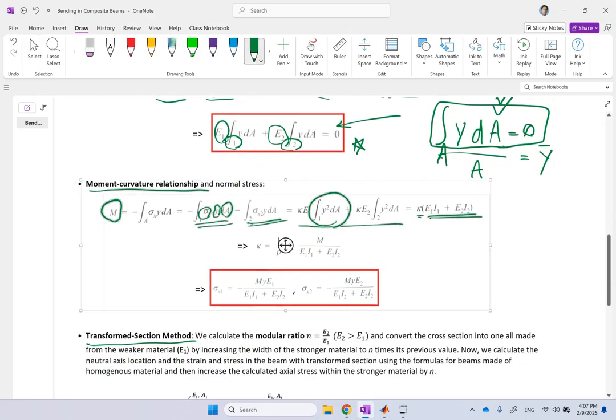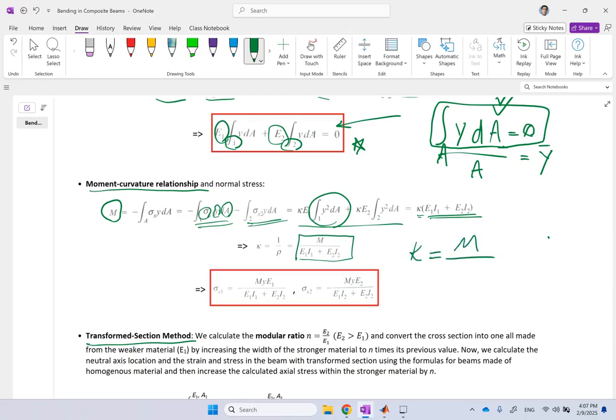Therefore, kappa, the reciprocal of the radius of curvature, is going to be M over E1 I1 plus E2 I2. For a single material beam, if you remember, kappa was M over EI. But now your EI has two components, so you have to multiply and add them together, as you can see.